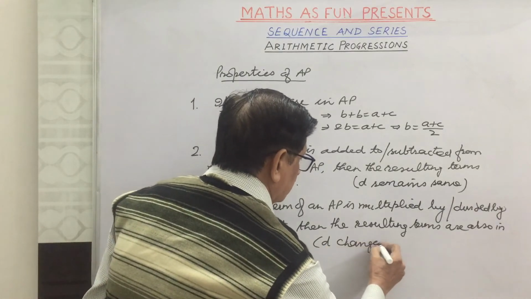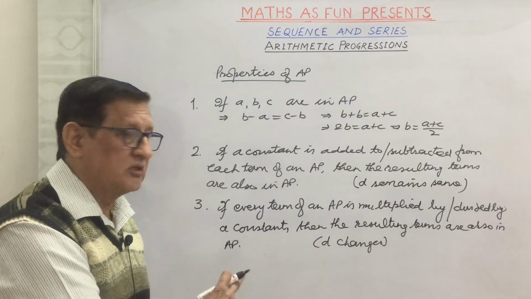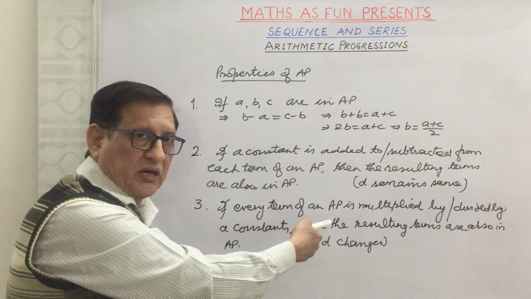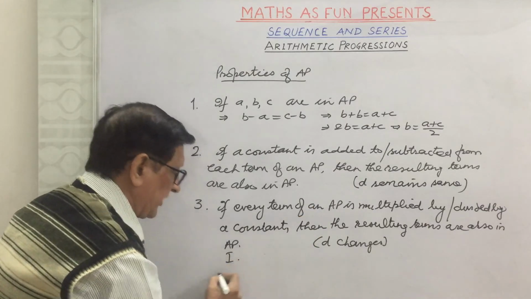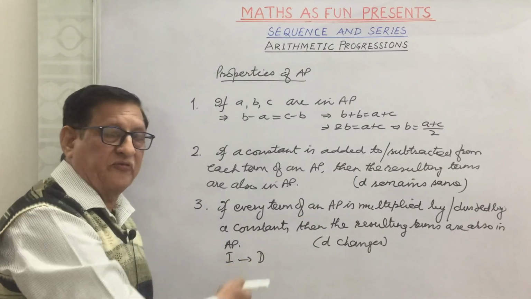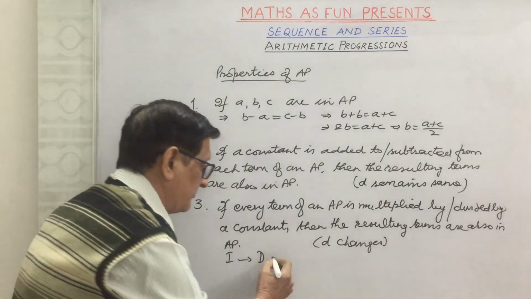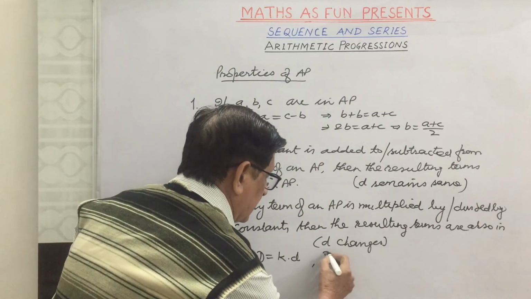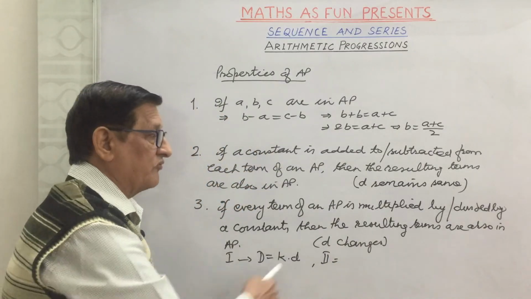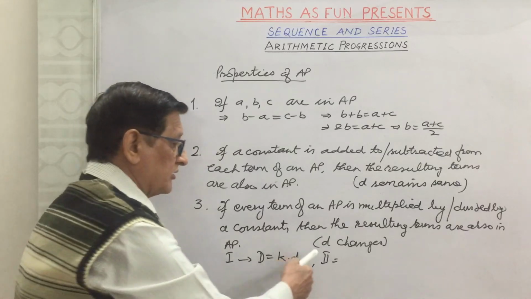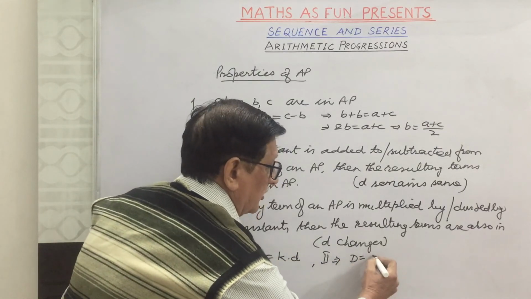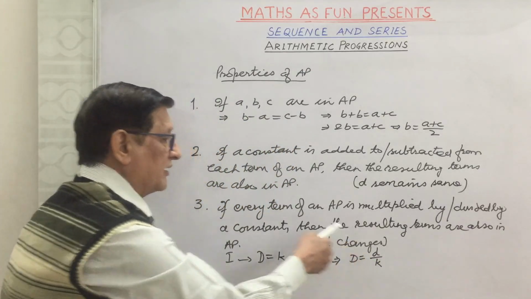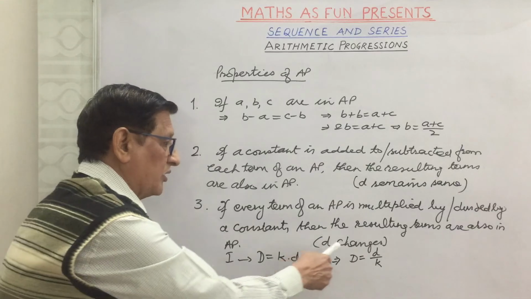How does it change? In the first case, when we are multiplying the AP, suppose we multiply it by K, we find the common difference of the new AP will be equal to K into D. In the second case, when we are dividing by K, the new D will be equal to D upon K. It means D will be divided by K for the new AP.